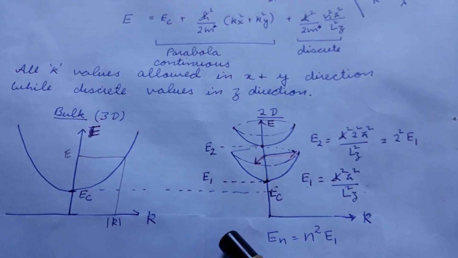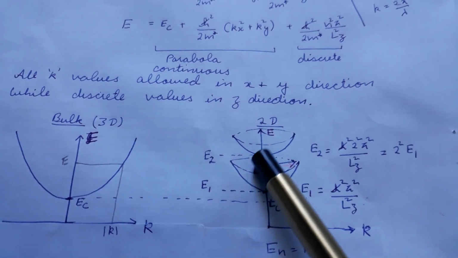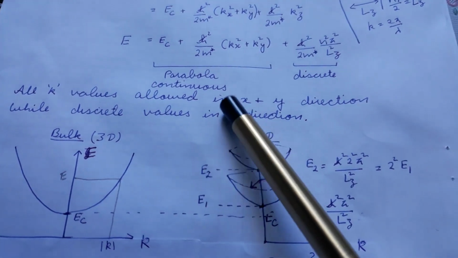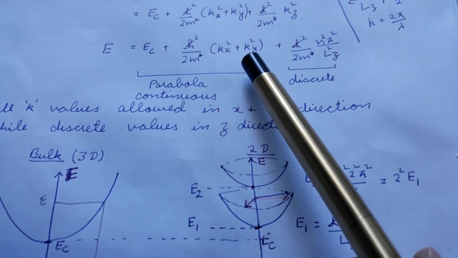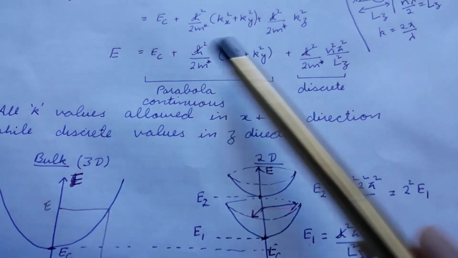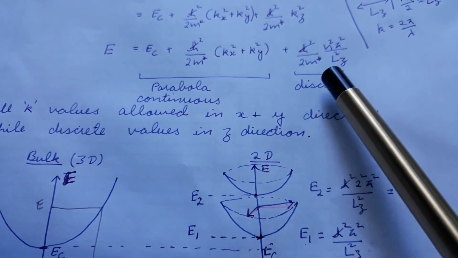While for a two-dimensional material, instead of one band, you will have many subbands, and the minima of these subbands will be such that when kx and ky are 0, you will get E equal to this. So this will give you the minimum value of energy.